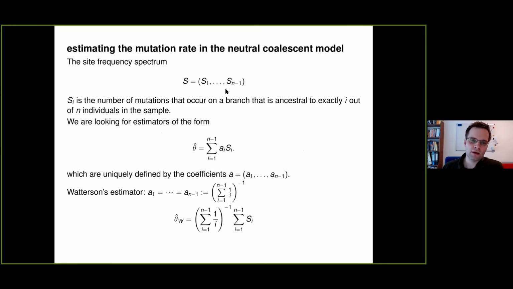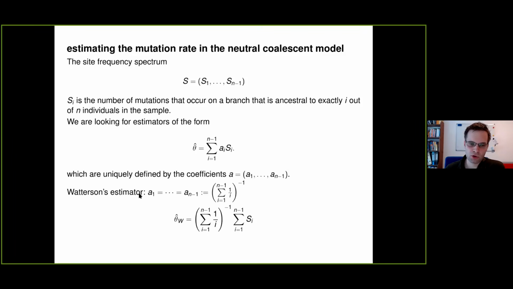And if we restrict ourselves to the site frequency spectrum, so the number of mutations present in 1 up to n-1 individuals, and we're looking for estimators that are linear in this site frequency spectrum of this form here, then all we have to do is to identify those parameters a_i to find an estimator, and this estimator then can be optimized.